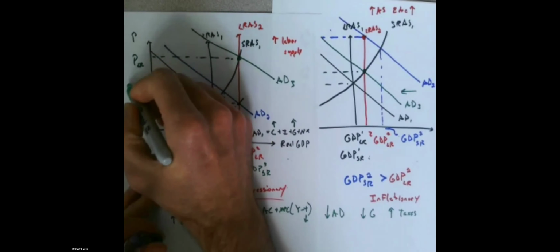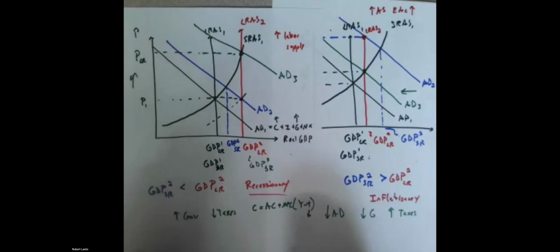We caused price levels in the long run to be even higher, right? So it comes at a cost. If we want to close that recessionary gap, that comes at a cost: we're going to increase prices in the long run, or essentially cause inflation. Any questions on that before we jump back into the slides here?